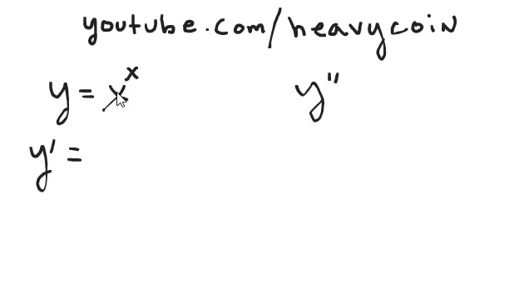So you have to remember how to take derivatives of these exponential functions, and so we're going to take the derivative of x, and that derivative of x is 1, and then we just rewrite x raised to the x times the natural log of x. Okay, so it's the natural log of whatever this number is here.